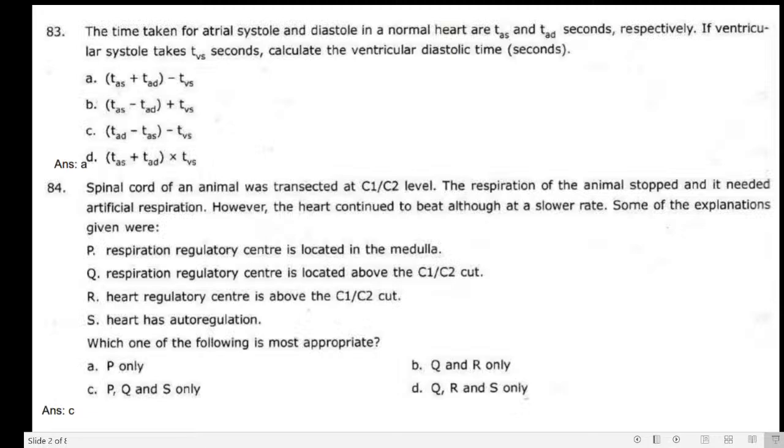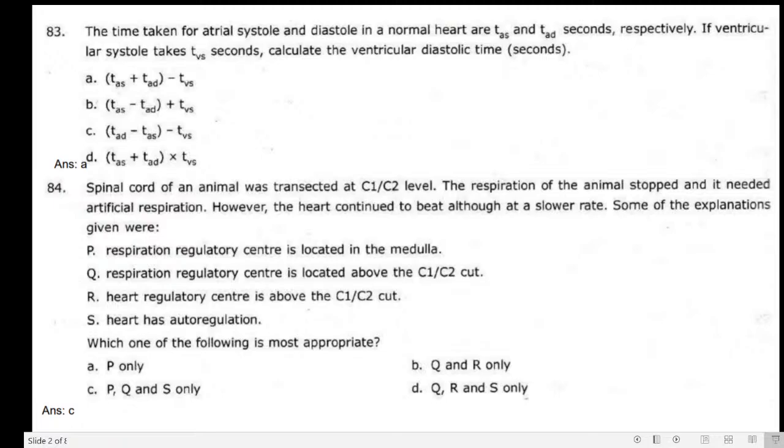The time taken for arterial systole and diastole in a normal heart is given.